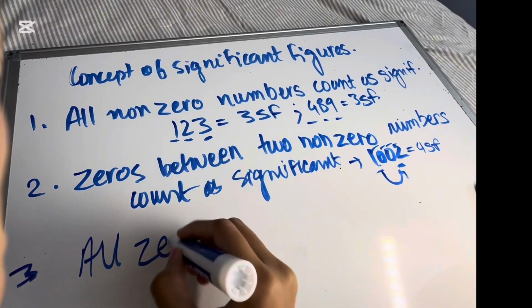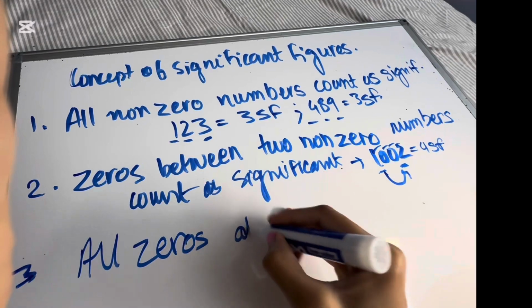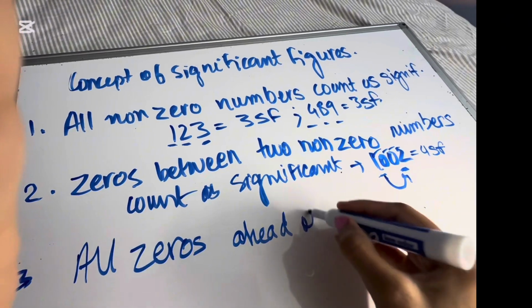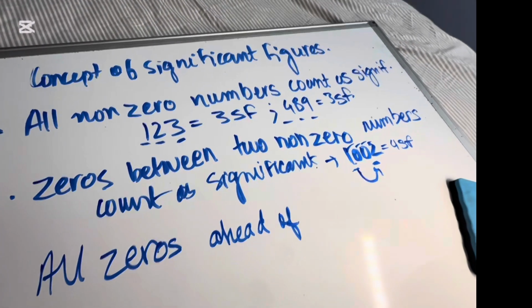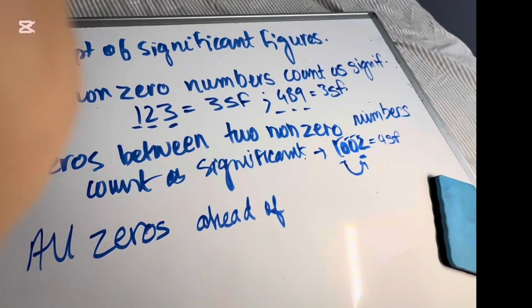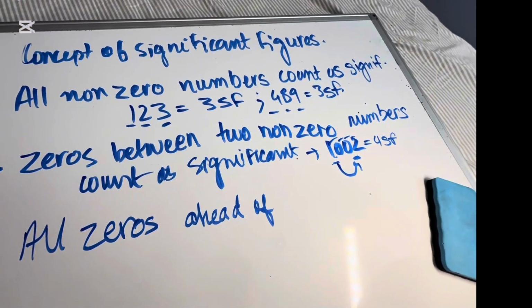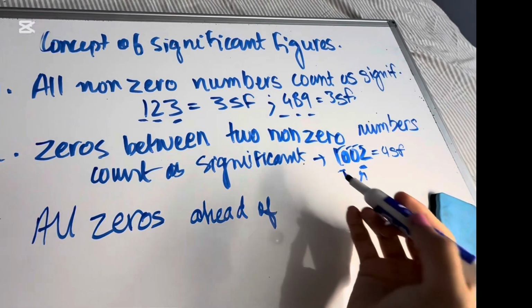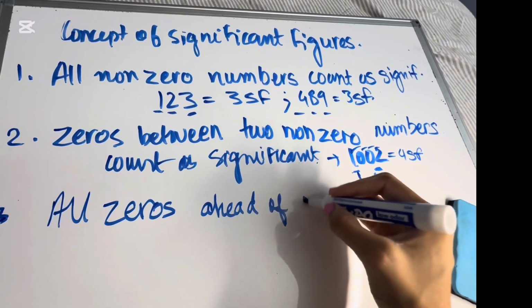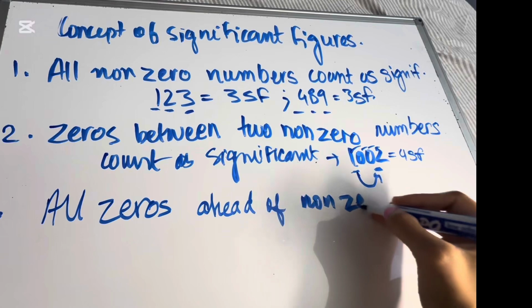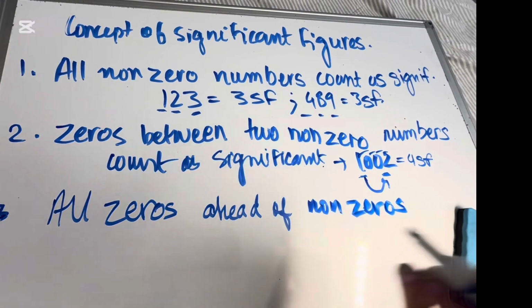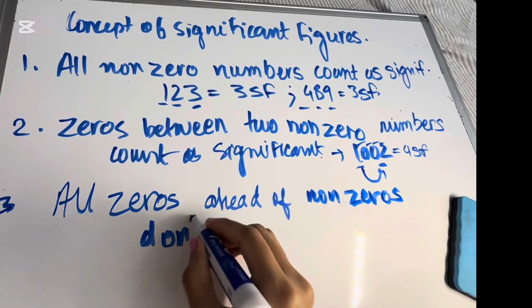Next, all zeros ahead of non-zeros don't count.